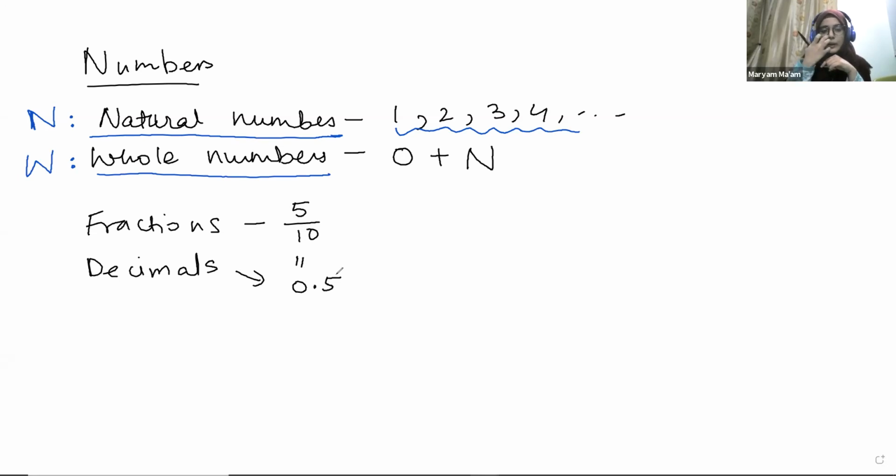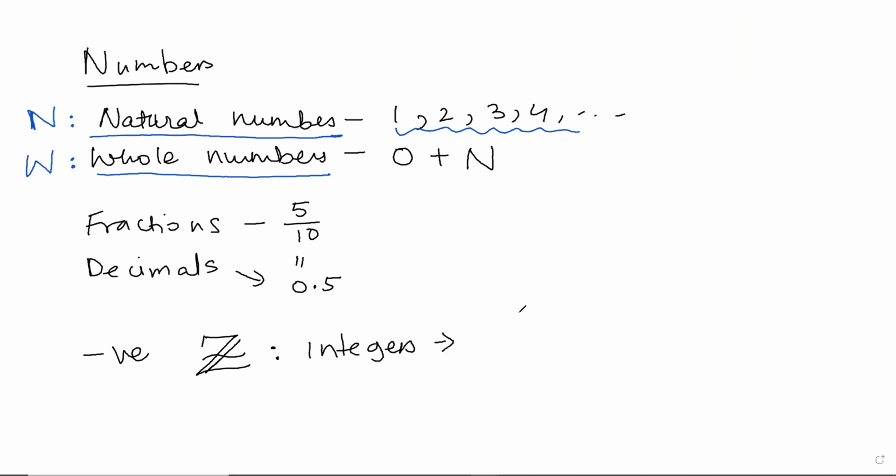All right. So now this is one thing. And then let's come to negative numbers. Can anyone tell me what are integers? I'm sure you must have heard of that before. The set of integers is denoted by Z. Ma'am, it's a group of positive as well as negative numbers.